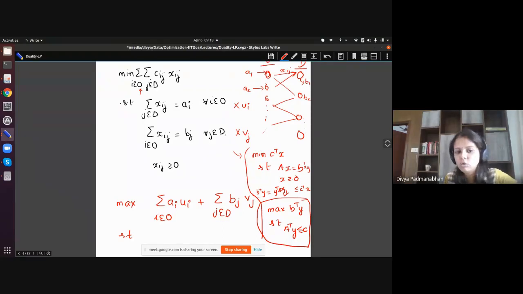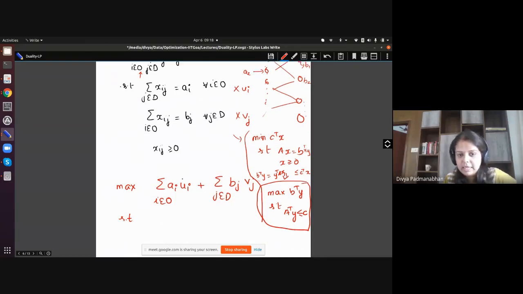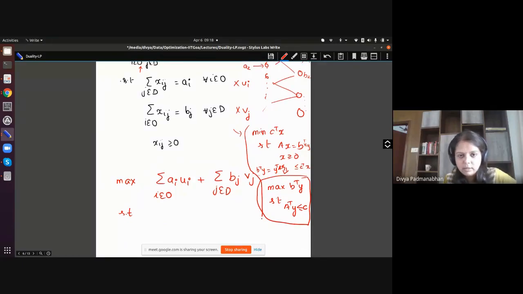For every ij pair, you will have one constraint. So fix an i and j. When you multiply these with ui and vj's and sum them, what's going to be the coefficient of xij?